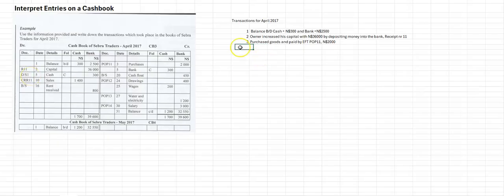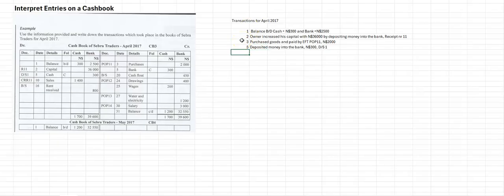So on the 5th, we have deposited money into the bank. Our value is $300 and our reference number is deposit slip 1.